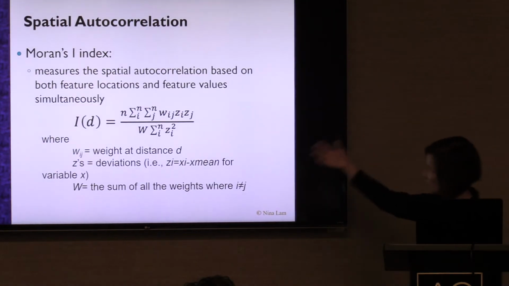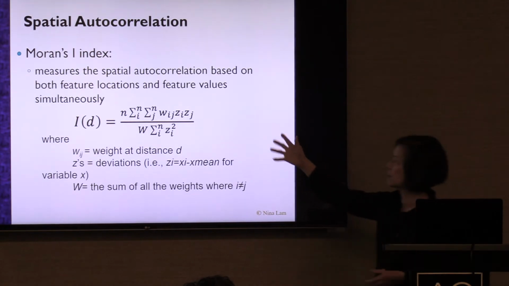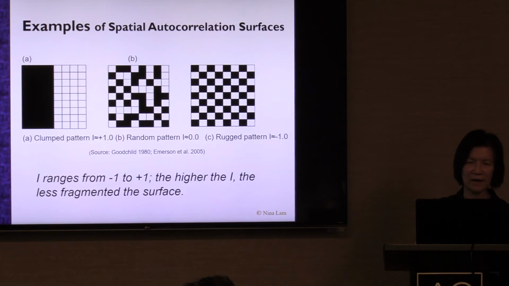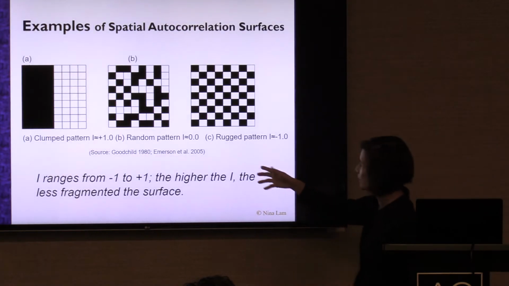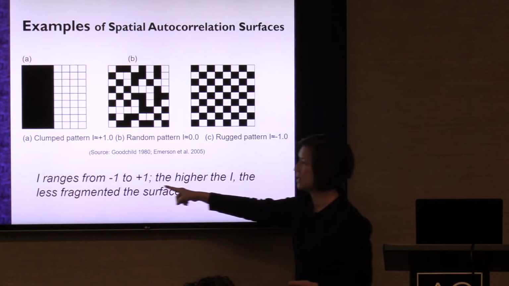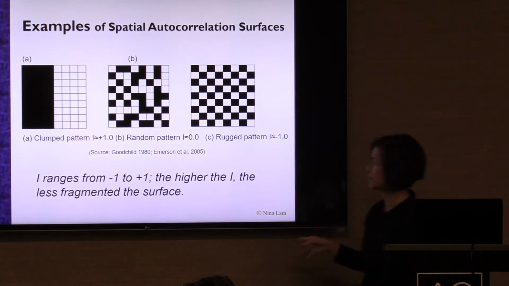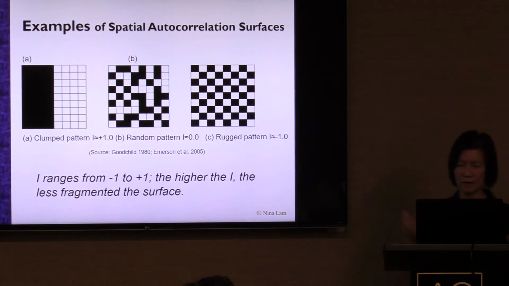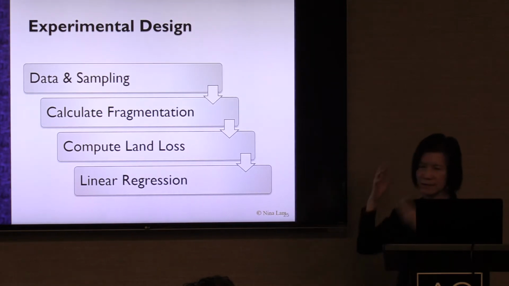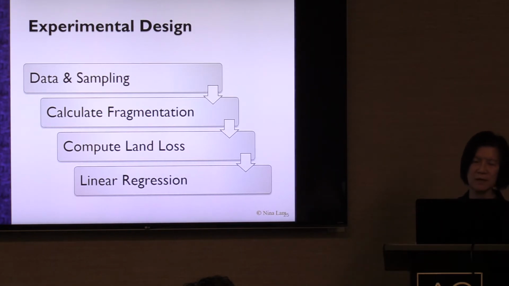We also use another index called spatial autocorrelation, Moran's I, and that's the Moran's I equation. Previous articles show that Moran's I ranges from -1 to +1. The higher the I, the less fragmented. So we utilize these two spatial indices to indicate fragmentation. Of course, we need to get data, calculate the fragmentation, compute land loss, and then do a simple linear regression.